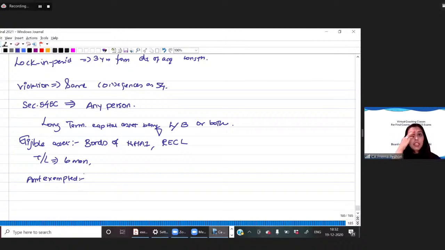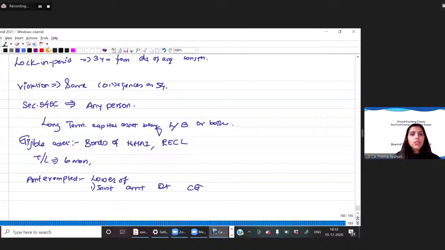Exempted amount in this case would be lower of investment amount or capital gain.